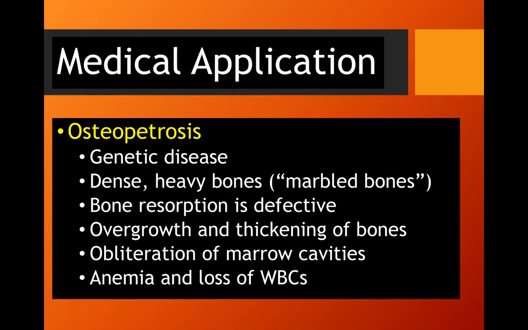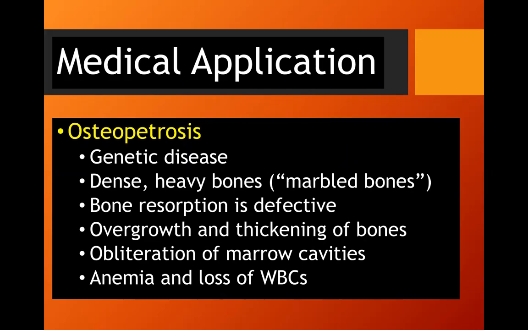In osteopetrosis, there is an overgrowth and thickening of your bones. As such, there will be obliteration of the marrow cavities, presenting with anemia and loss of WBCs. As you all know, if there is loss of WBCs, we are prone to infection.